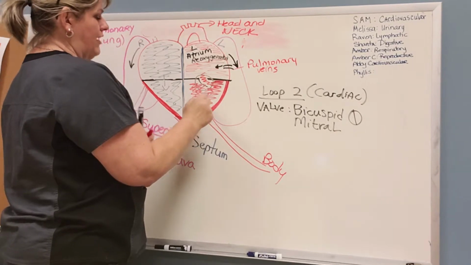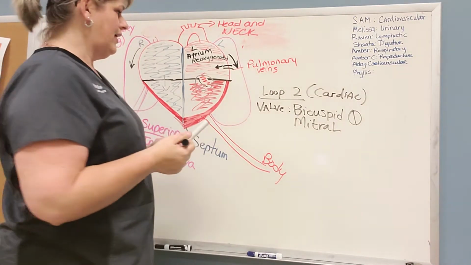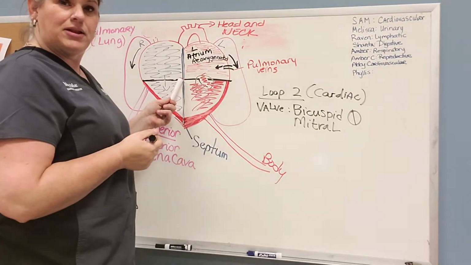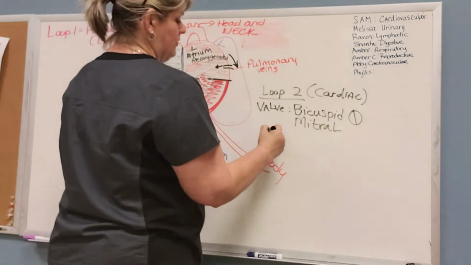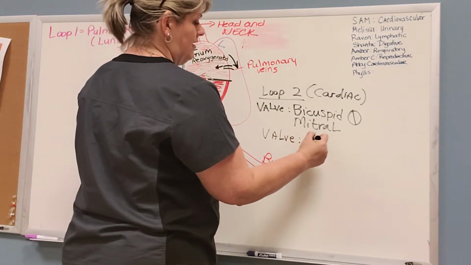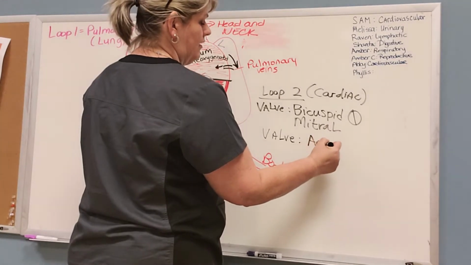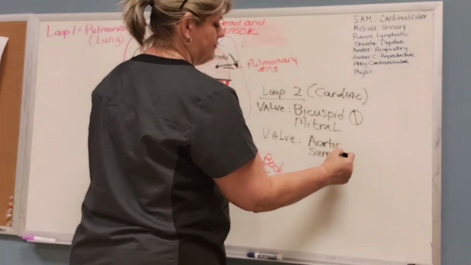So from the ventricle, we need what? Another valve, right? Just like the pulmonary semilunar valve, we need another valve here. So the second valve is the aortic semilunar valve. And it tells you where it goes.